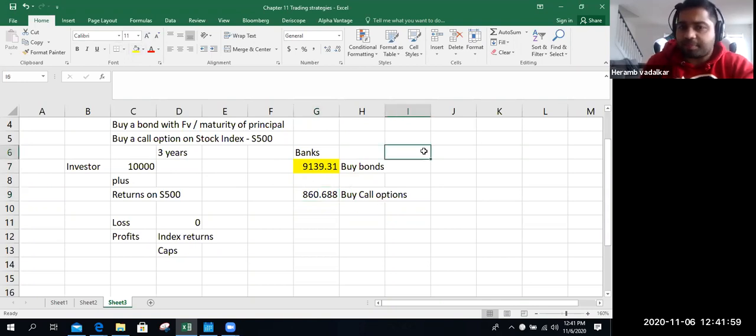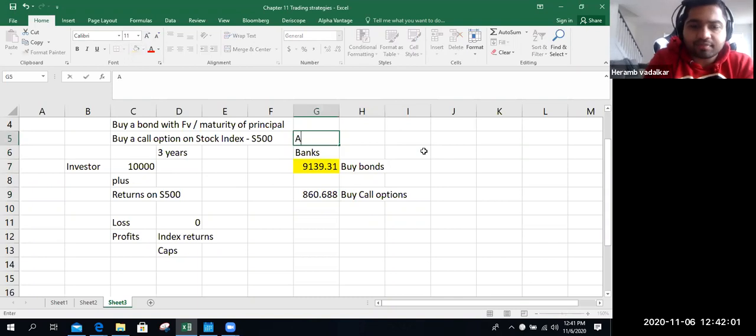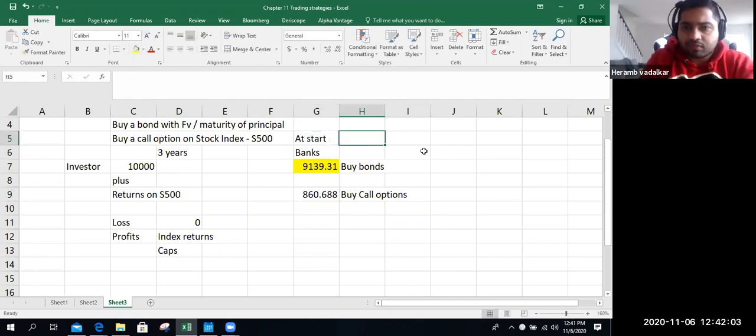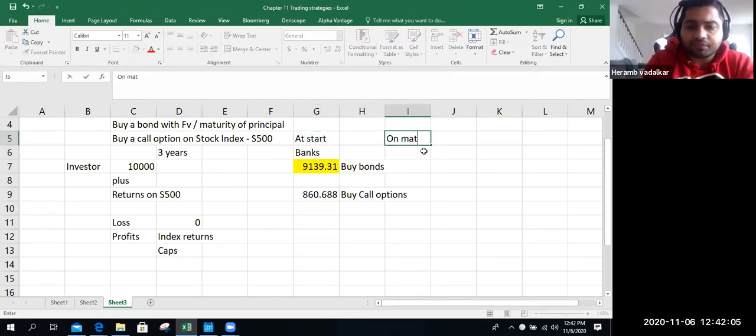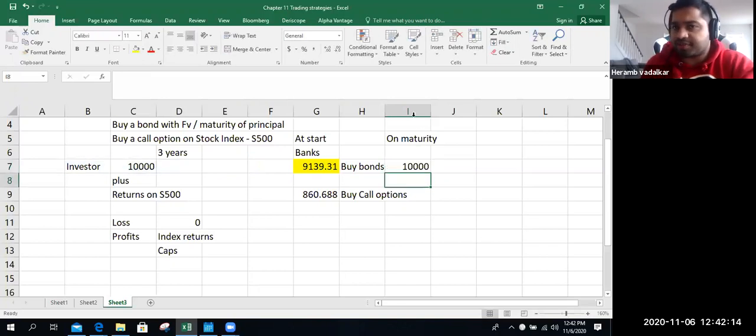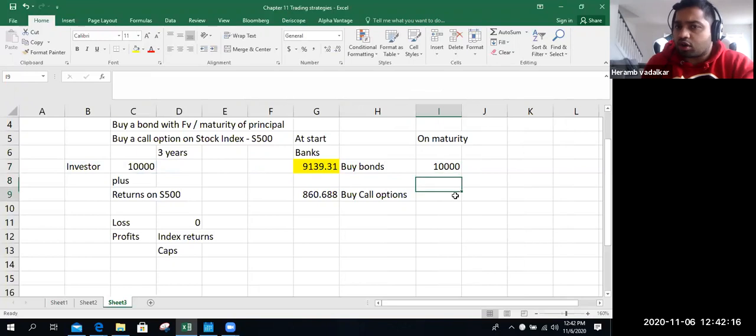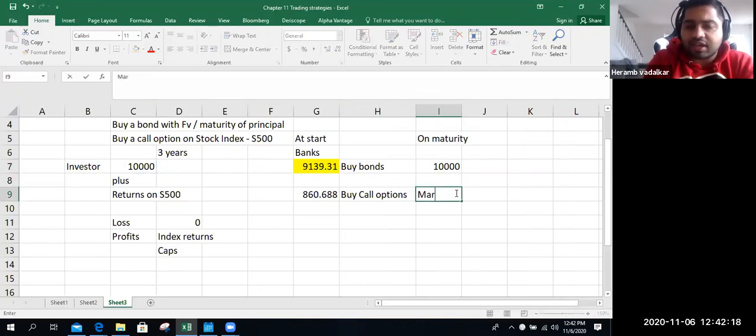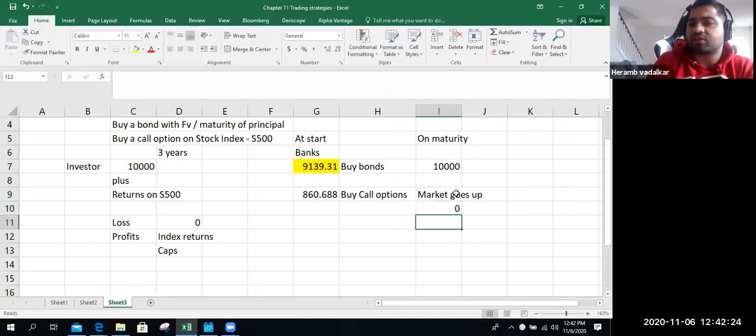So what is basically happening? This is at start. On maturity, this bond will pay you 10,000. So the bank gets $10,000 from this bond, and the call option pays if the market goes up, or goes to zero if the market stays the same or goes down.